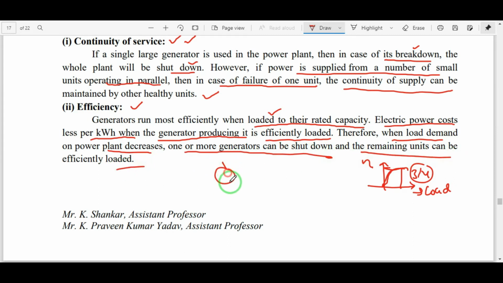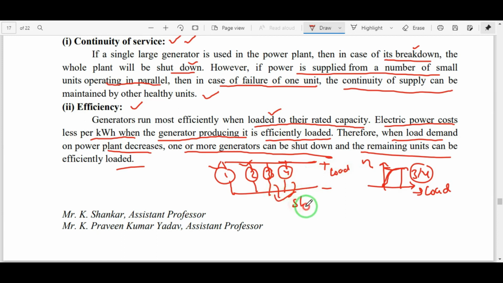If there are a number of units, 1, 2, 3, 4, and this is the output. If there are 4 units, but only 2 generating units are sufficient for the load, then we shut down the remaining 2 units, because units 1 and 2 will be sufficient to continue the power supply.